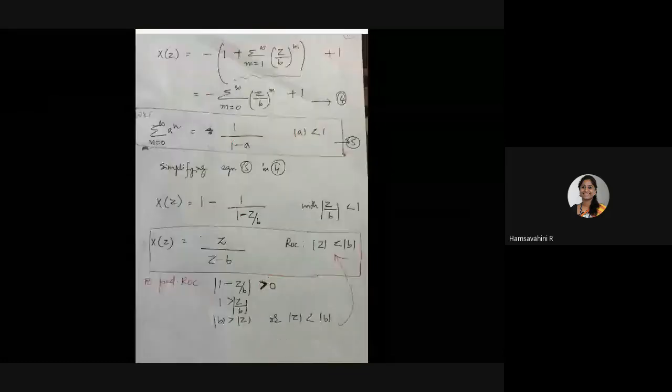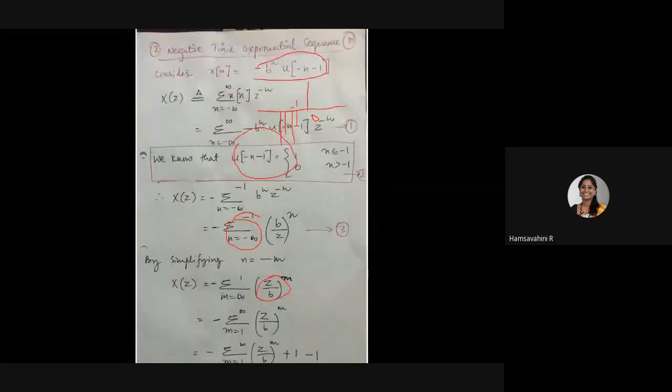Now we have the summation 1 to infinity. I need to make this summation 0 to infinity. We know that for 0, the term z by b whole to the power of 0 will become 1. So to convert this summation from 1 to infinity to 0 to infinity, I'll just add and subtract 1, plus 1 and minus 1. You can see here this is minus 1.